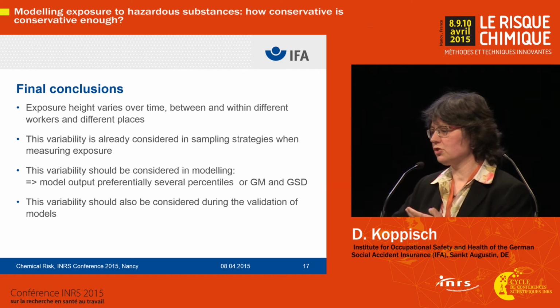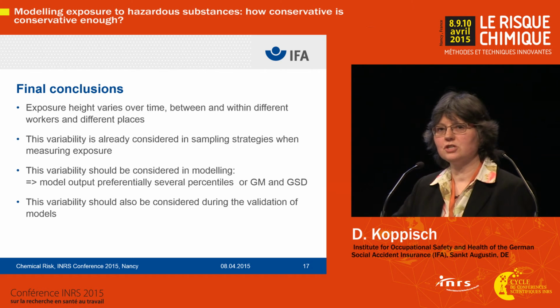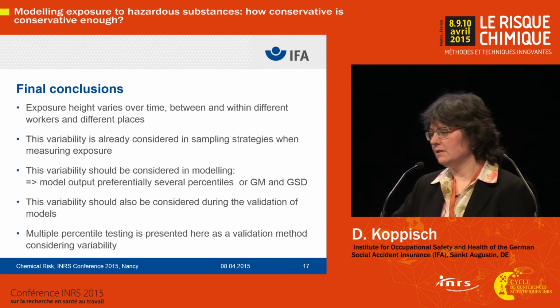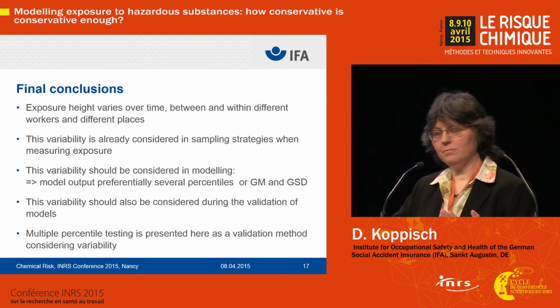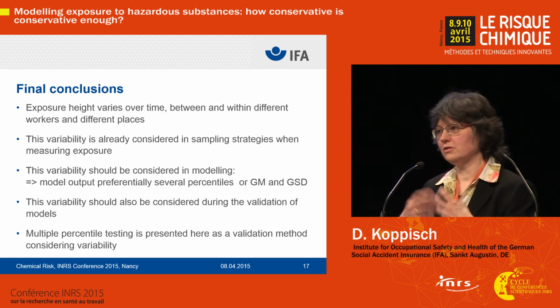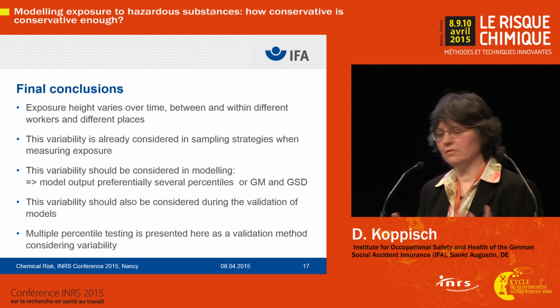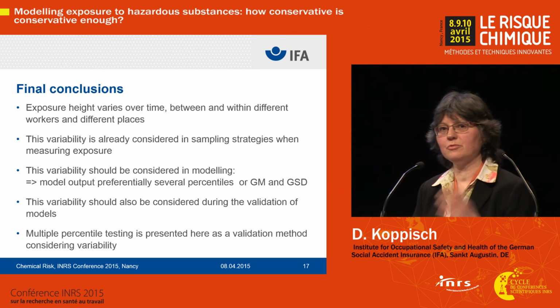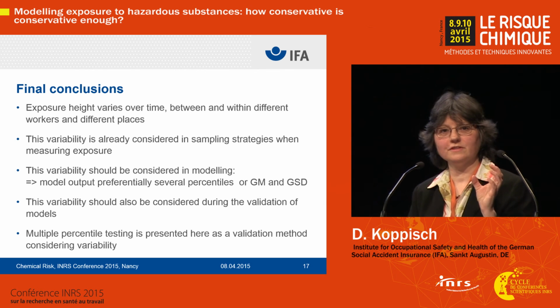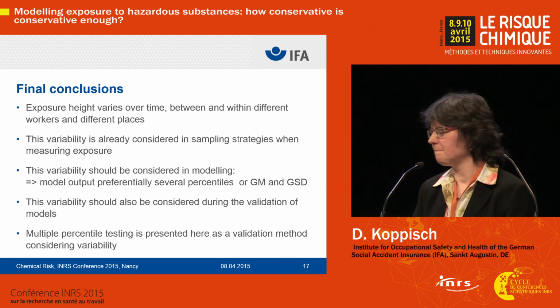And this variability should also be considered during the validation of models. And one possibility for this, considering the variability during the validation, is the proposed multiple percentile testing that I presented here with the example of the Stoffenmanager validation study.